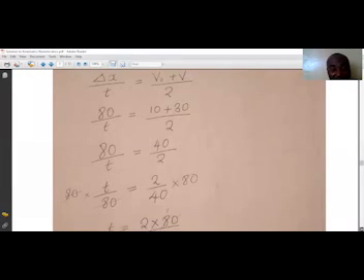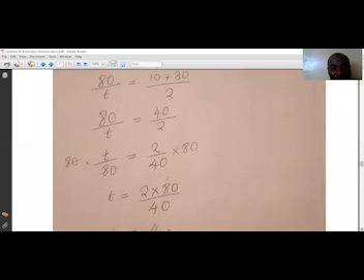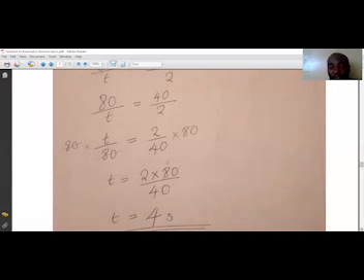But to show it clearly, you write 80 over t equals 40 over 2. Then I flip it: t on top, 80 at the bottom, equals the 2 on top, the 40 at the bottom.